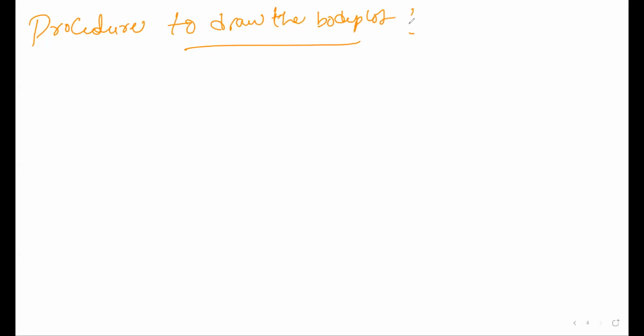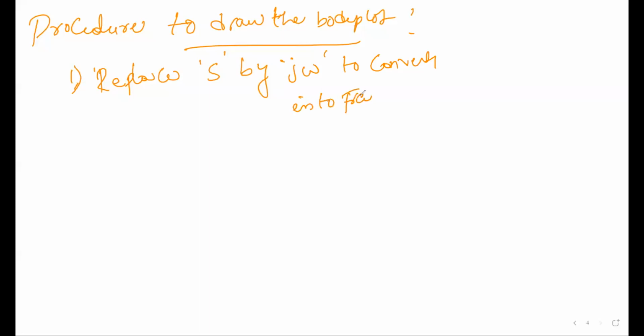Right. So the first step in the procedure: replace s by j omega to convert it into the frequency domain.